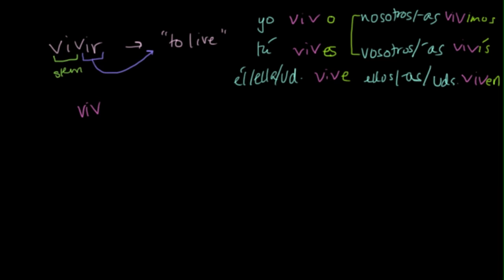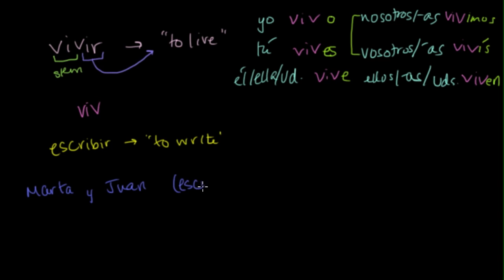So now let's just try another example. We will look at a different verb. How about we look at escribir, which means to write. And our subject will be Marta y Juan. Our verb, escribir.